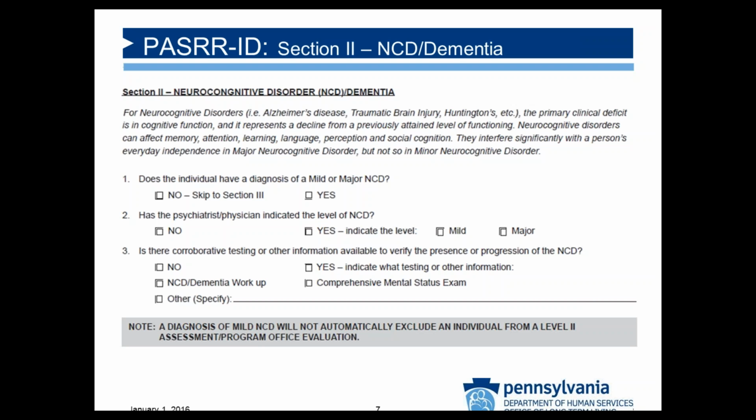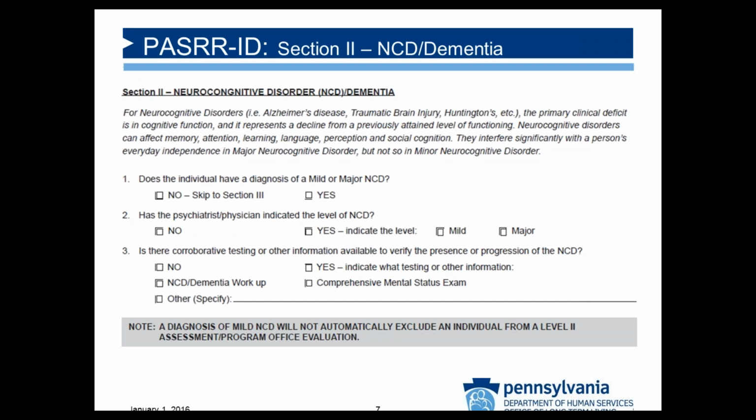So if you have a mild neurocognitive disorder and you have some of the mental health disturbances as a result of the dementia, and the same with the major dementia, if you have some of the psych problems or things happening because of the dementia, they're going to a geri psych unit, they're being placed in a hospital psych unit. Those are the kind of things, it's a result of their dementia process.